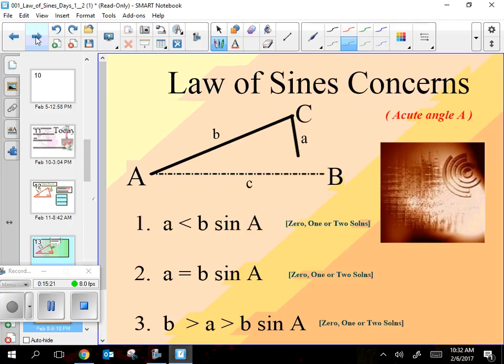Now, I think that you should just think about this for a moment with these numbers. Let's say I said this was 8. Let's say I didn't know how long C was, and I knew that A was 1.